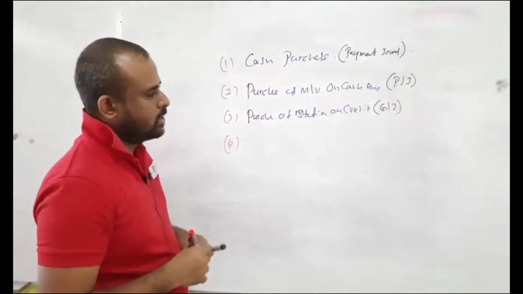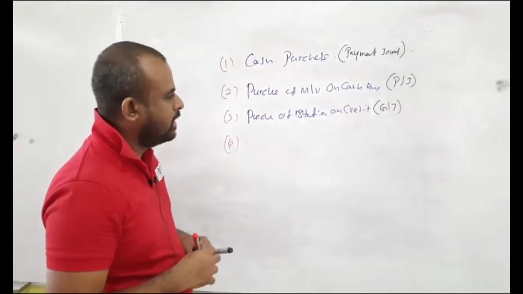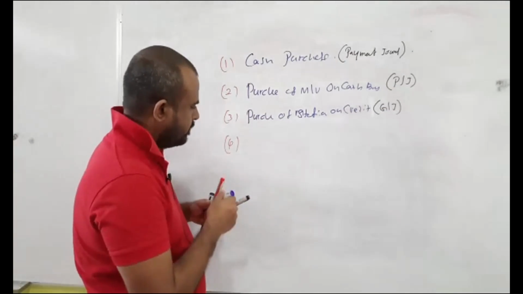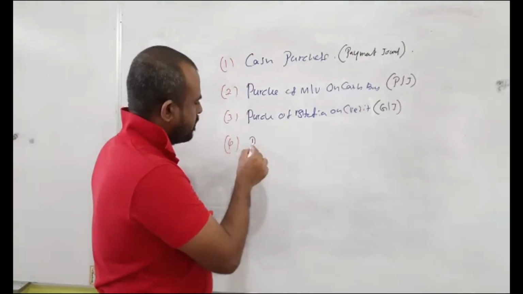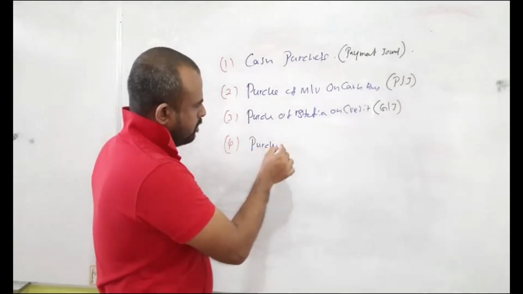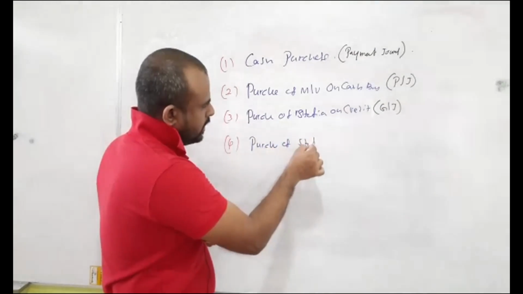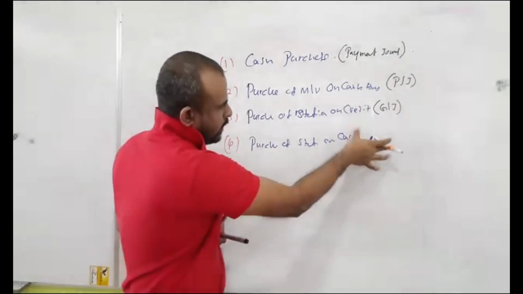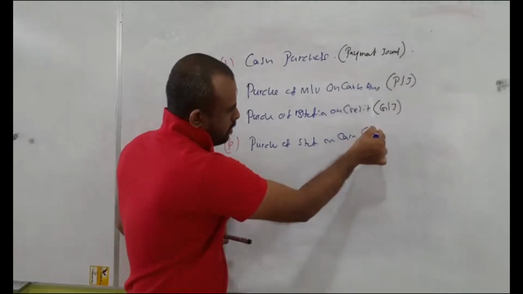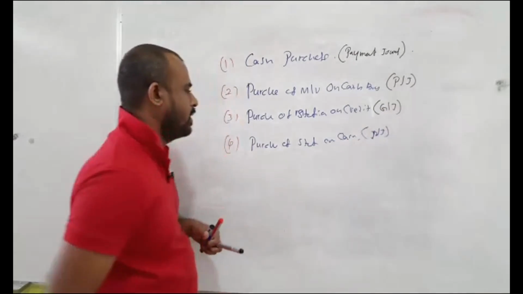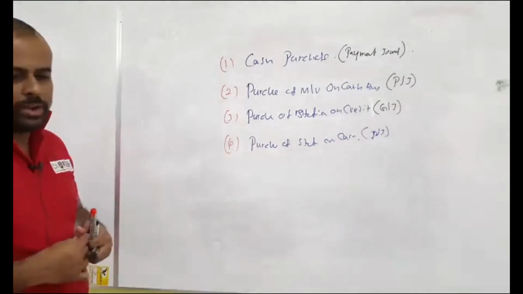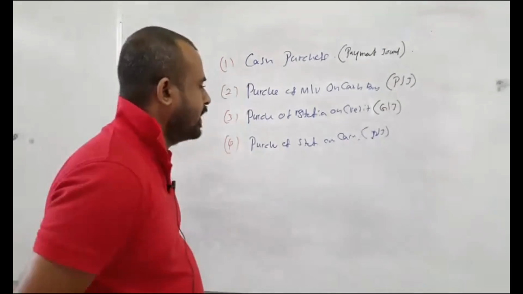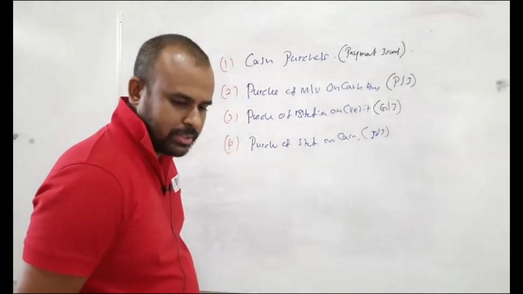Purchase of stationeries on cash basis, that you can record in the payment journal. None of these can you record where? In the purchases journal.